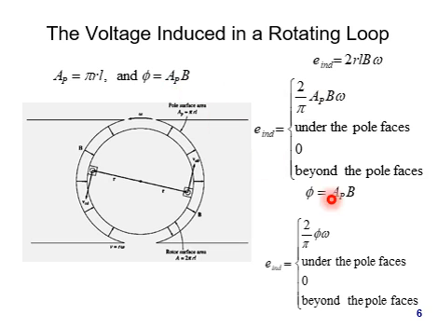Similarly, if we know that flux is equal to A_P into B, then these equations of E induced can be further simplified, and the answer would be that E induced is equal to 2 over pi phi omega. This would be the total induced voltage of the two sides, and the other two sides would be 0. So all the four sides would be contributing this 2 over pi phi omega.